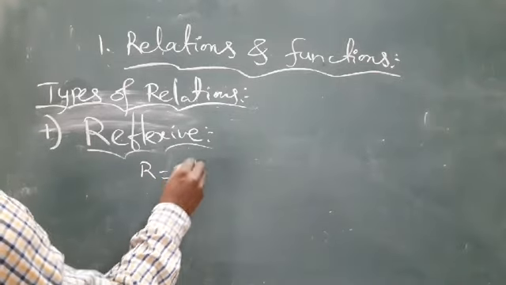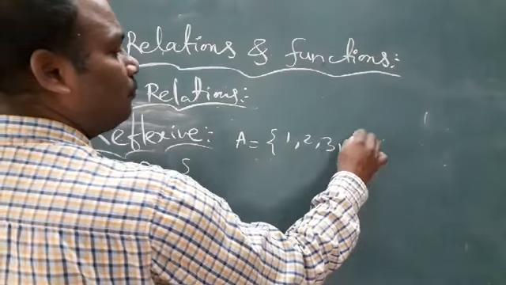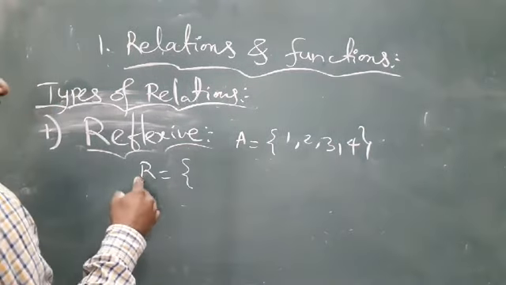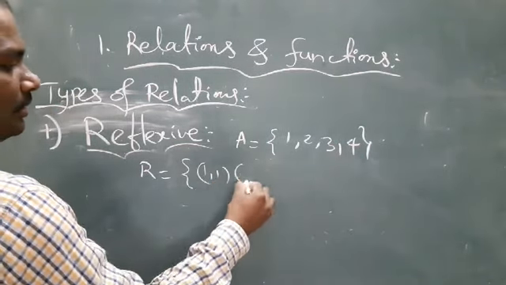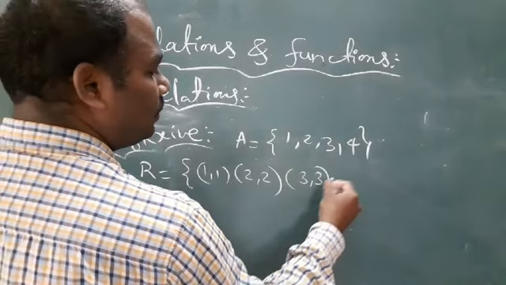Here, for example, R set: what is it? 1, 2, 3, 4. Okay. What is R? 1 comma 1, 2 comma 2, we are also taking 1 comma 1, 2 comma 2, 3 comma 3, 4 comma 4.